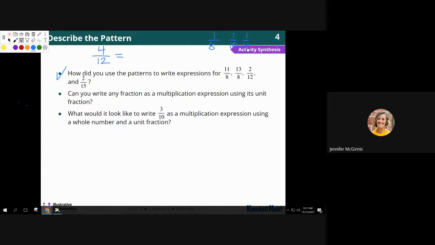The denominators have to match. What do you got, Nehemiah? 4 times 1/12. Who else has 4 times 1/12? What if I ask you any fraction at all?